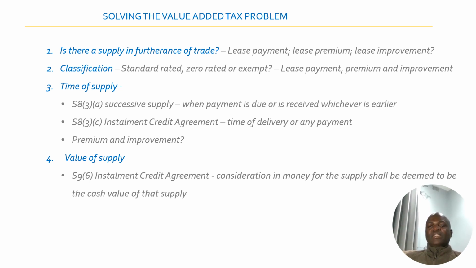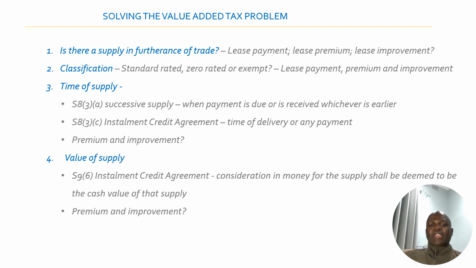When that is the case, as opposed to the $30 value of supply in the successive supply in our earlier example, now you will have to say, what is the consideration in money for the television? And it is the cash value of that television. The cash value in this case is $800. But when you look at the rest of the payments, the cumulative payments will end up maybe at $1,200 over the time that these payments will be made.